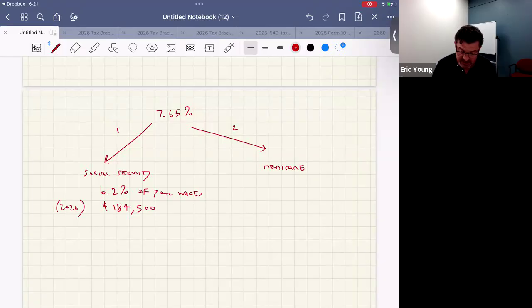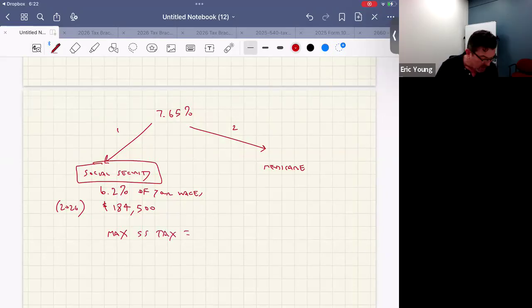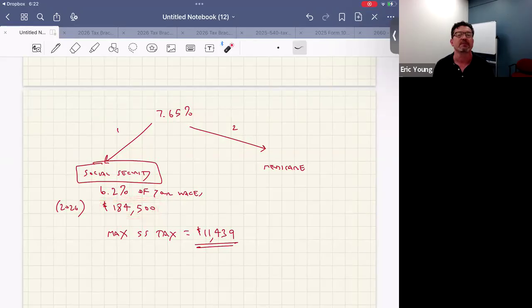But Social Security taxes, this 6.2% of your wage, has an upper limit of, in 2026, $184,500. This means that in 2026, the maximum amount of Social Security tax that you will pay is going to be equal to $11,439, which is equal to 6.2% times this upper limit of $184,500.